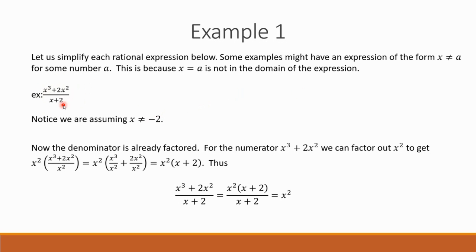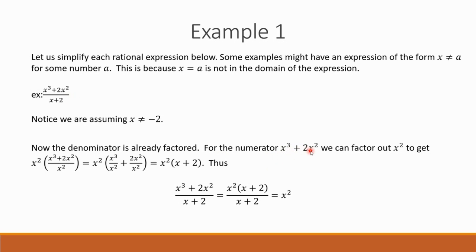Well, notice the denominator is factored already, right? You can't factor x plus 2 any further. The numerator, let's look at. Again, it's just like finding the GCF. The leading coefficient of this is 1, so we can't factor out anything from the coefficients.